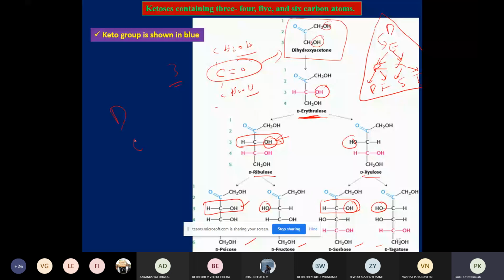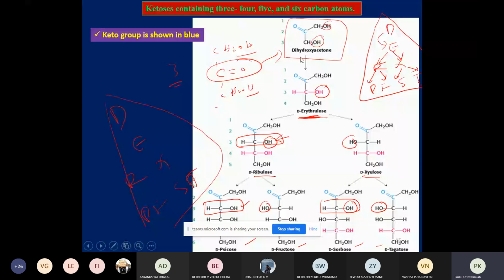So this also you remember, DE-RX-PF-ST. If you can remember this shortcut, you will be able to write any ketose structure if you know the dihydroxyacetone structure. So you need not memorize anything.